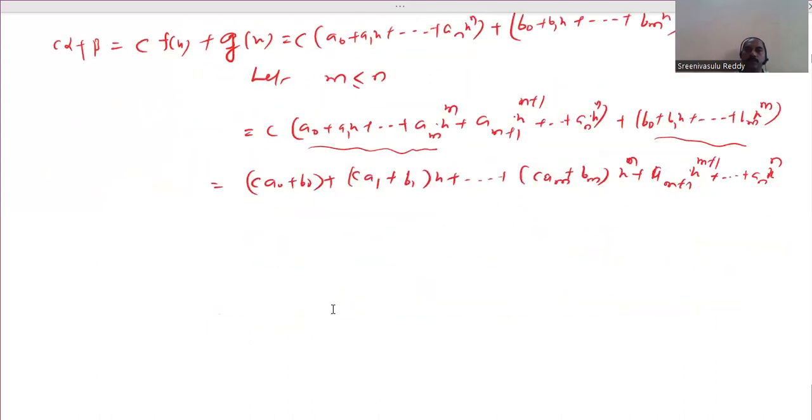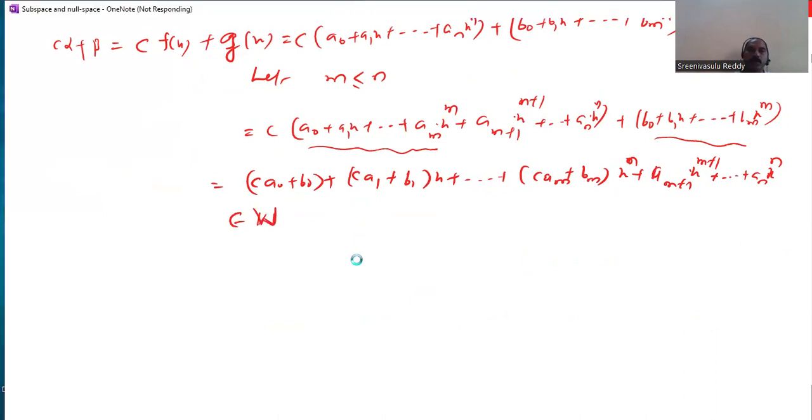You observe that it is a polynomial of nth degree, and all coefficients belong to the field. So it belongs to W, because it is also an nth degree polynomial.